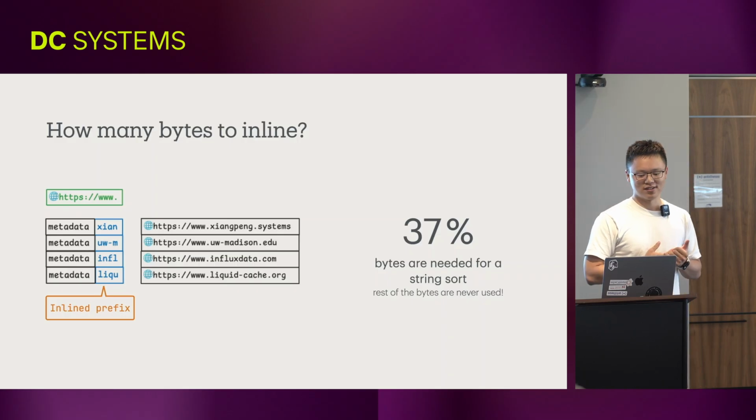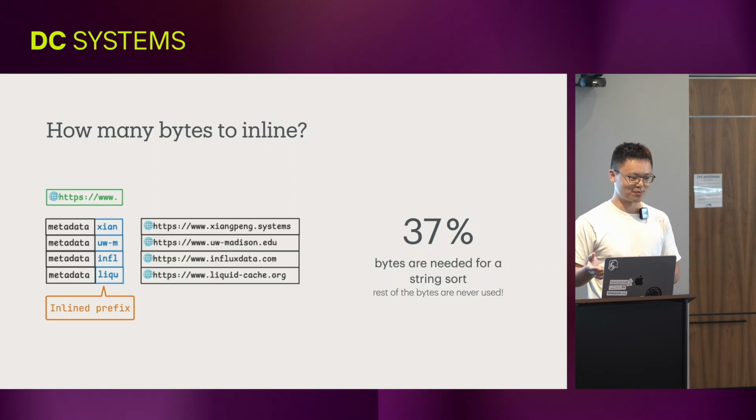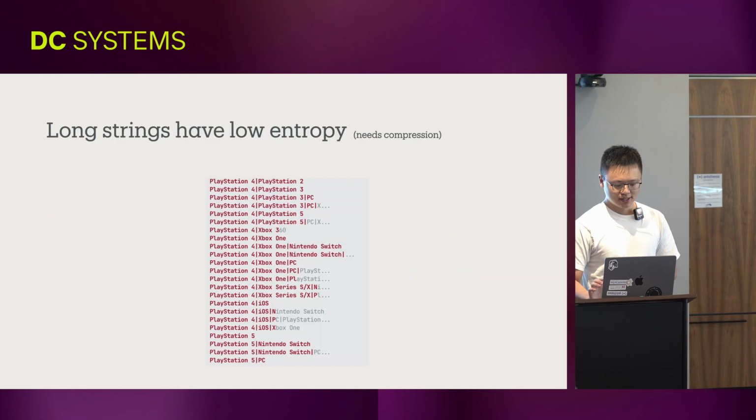Meaning that if our cache is perfectly designed to cache those 37% of bytes, then during a string sort, we will never have to incur the full string read or full string IO. Okay, and that's the number of string prefix.